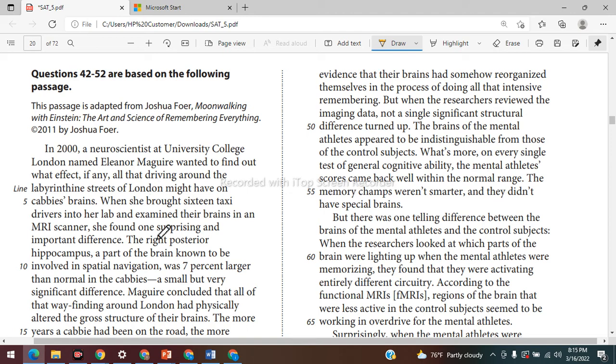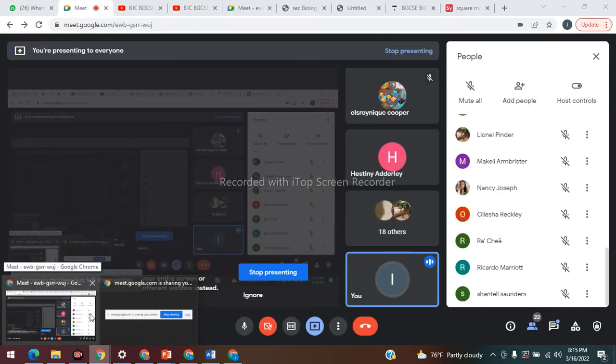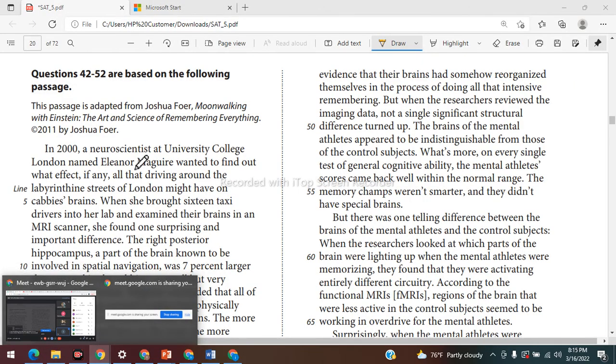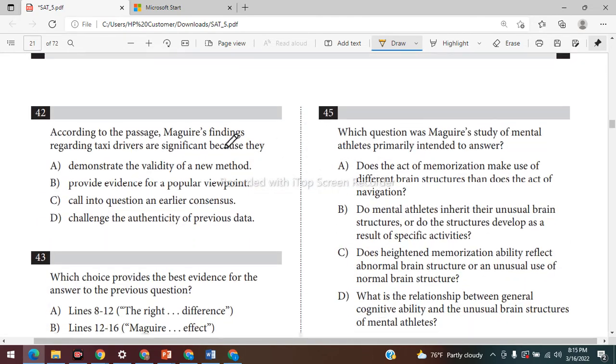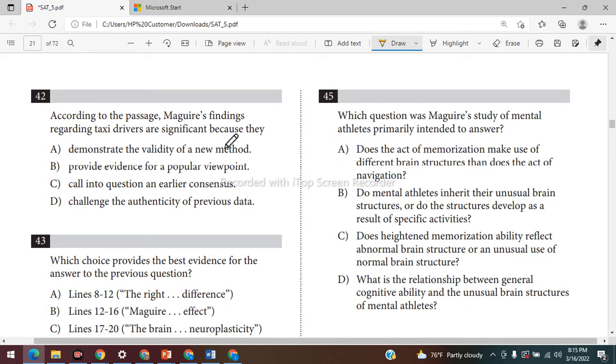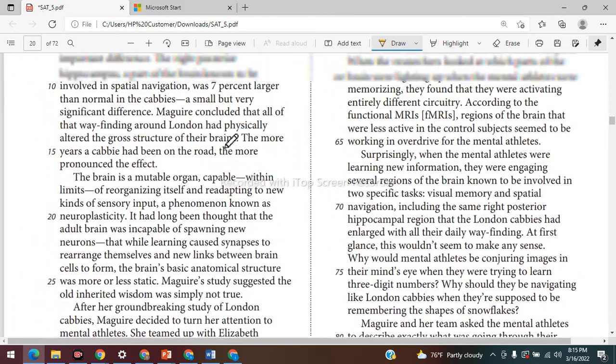How many words does this passage have? This one? I don't know. I definitely ain't gonna count it. How many words do we have to write in BJC and BGCSE? BGCSE is 500. BJC is 300. So they just added 200 more then.